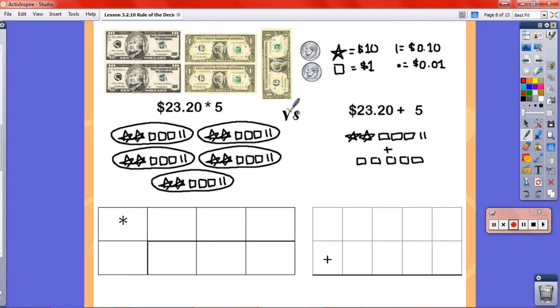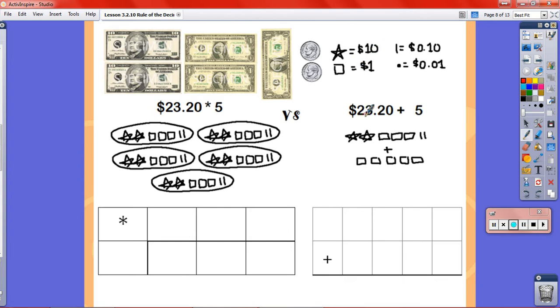When we move here, we're going to start seeing more of the pattern that we're looking for, because this is $23.20. So it's still 232, but now instead of 232, it's 2320. Still times 5. 2320 plus 5. I added a new symbol, a star, for $10.